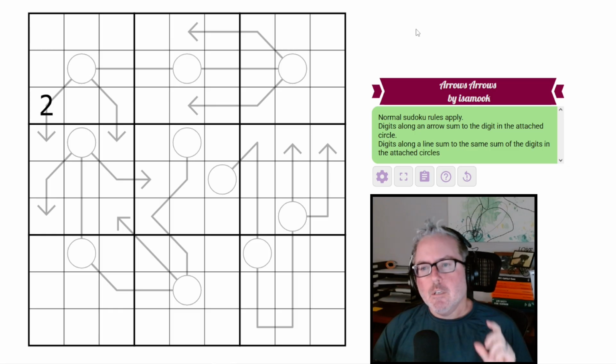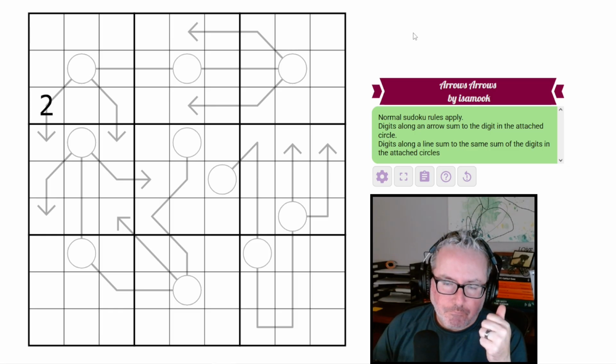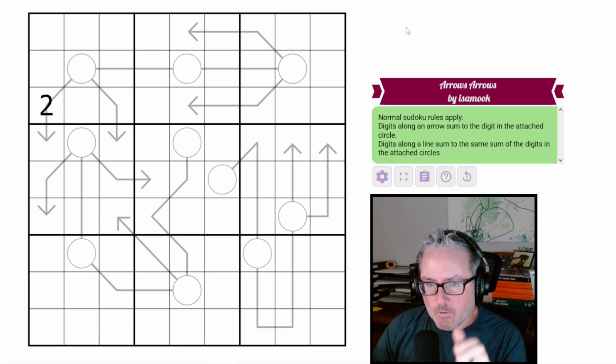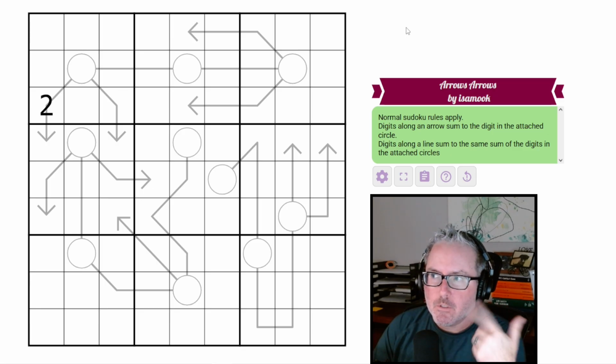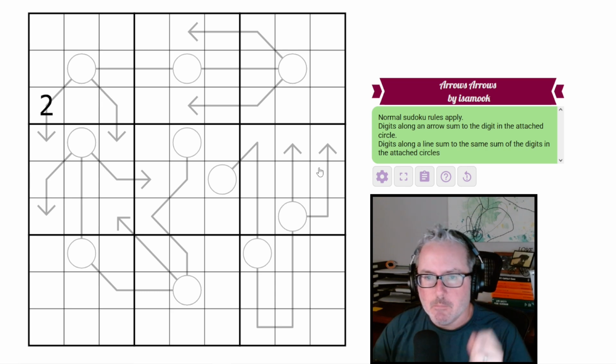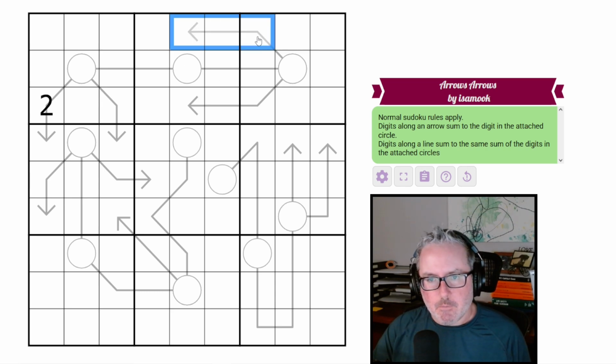Oh. So this is a combination of normal arrows and then the between line. What's the other one called? I can't remember it, but let's look at this grouping here. We have a normal arrow, so these three, wherever they are, will add to this.